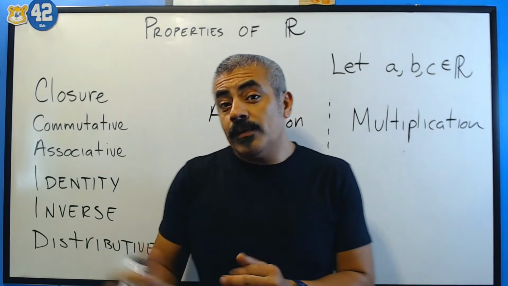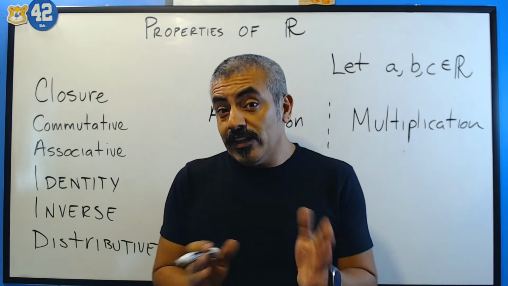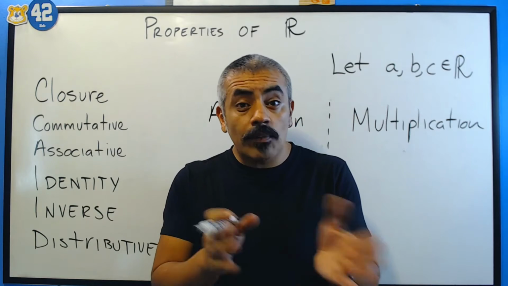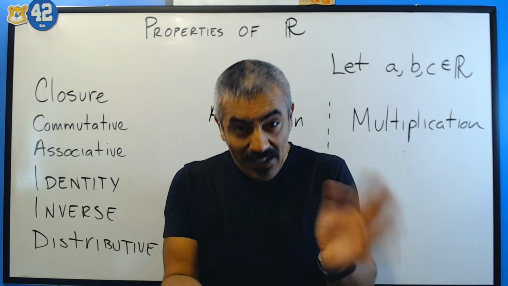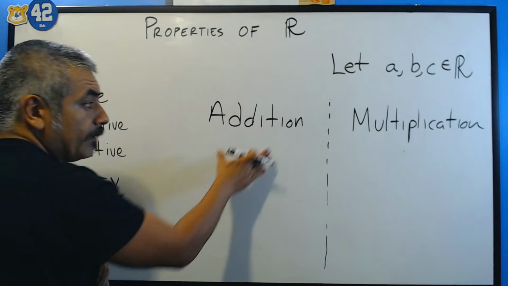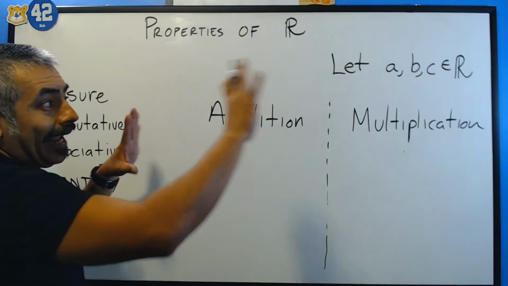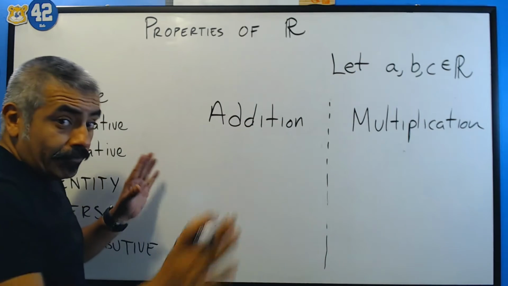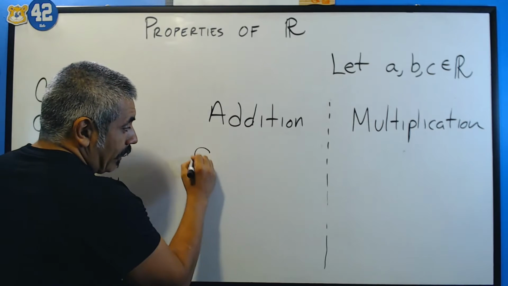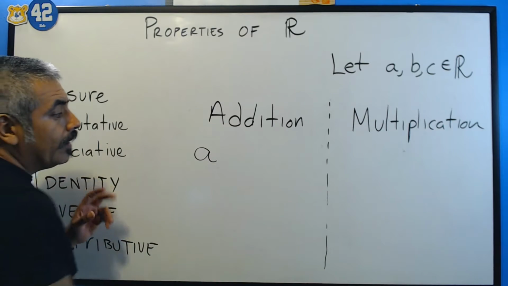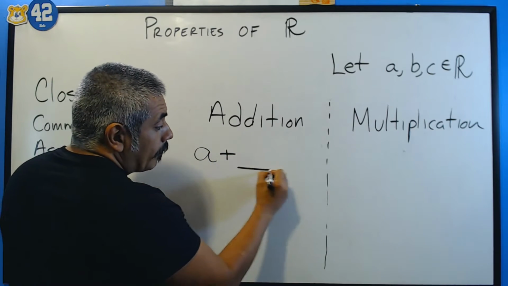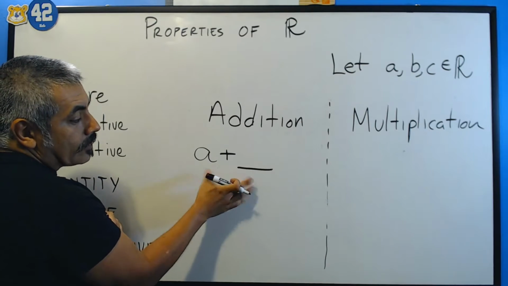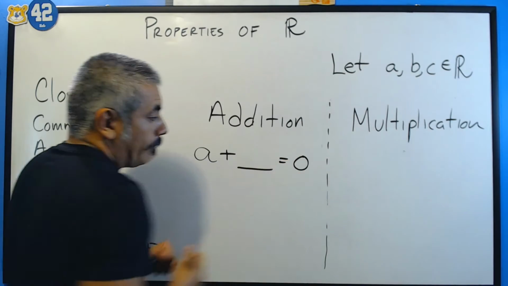The inverse properties of addition and multiplication are very important because they establish two operations that you already know but did not know where they came from. So let's take a look. The inverse property of addition says that for every number in R, so for every real number, for now we're going to say a, there is another number that when I add these two together, I get 0.